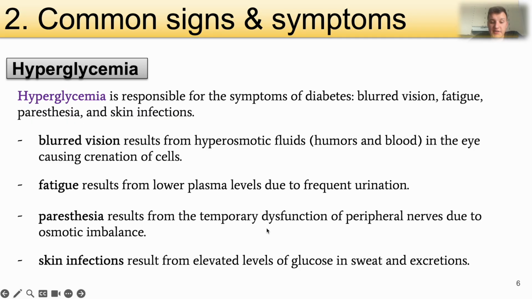Paresthesia results from the temporary dysfunction of peripheral nerves due to osmotic imbalance, because water is moving around trying to balance out the glucose, right? Then we have osmotic imbalances in nerves, so this could happen. And skin infections result from elevated levels of glucose in sweat and excretions, right?